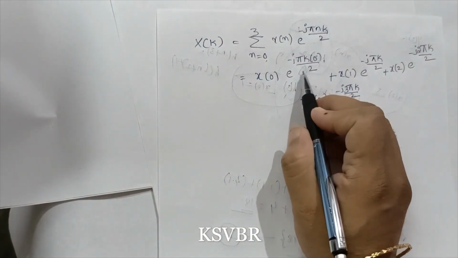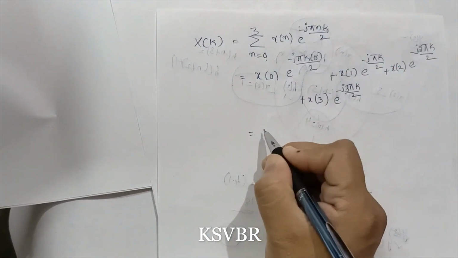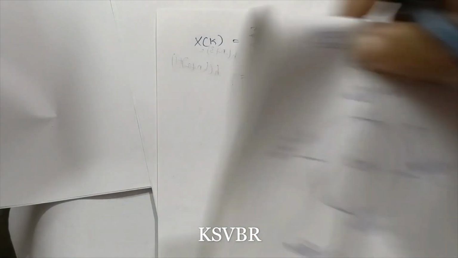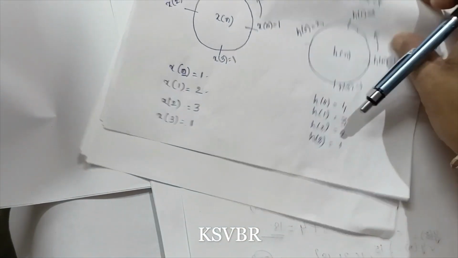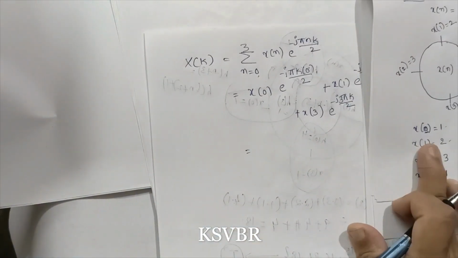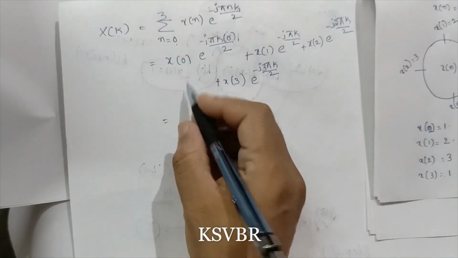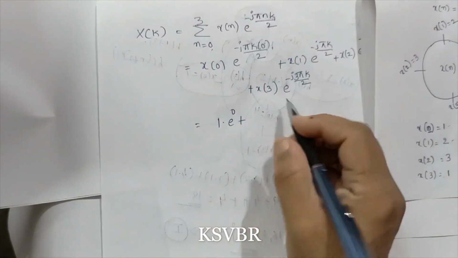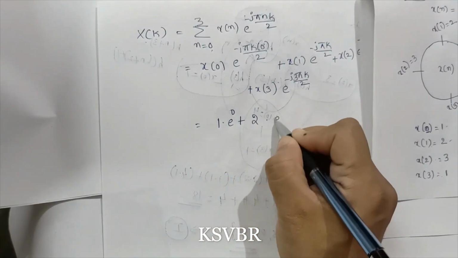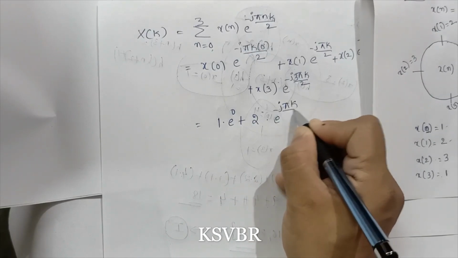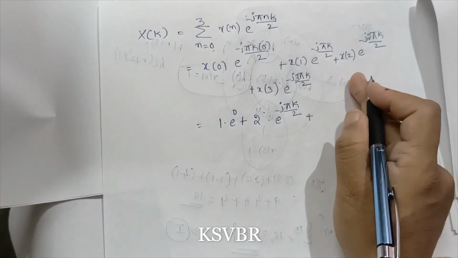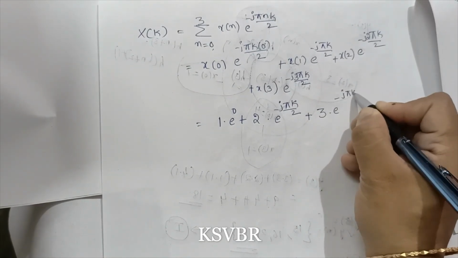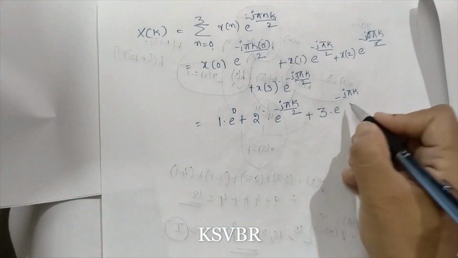Okay, so here this is e power 0, you can substitute directly here. X of 0 is the list we have already written, right? So you can just copy those samples from here. X of 0 is equal to 1. So 1 into e power 0. E power 0 is 1. X of 1 value is 2, so 2 into e power minus j pi k by 2 plus x of 2 value is 3, 3 into e power minus j pi k. 2 will get cancelled.